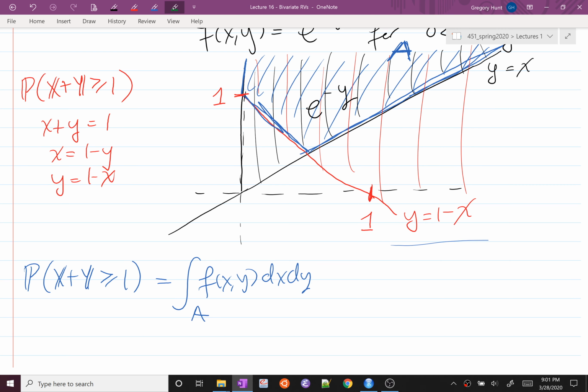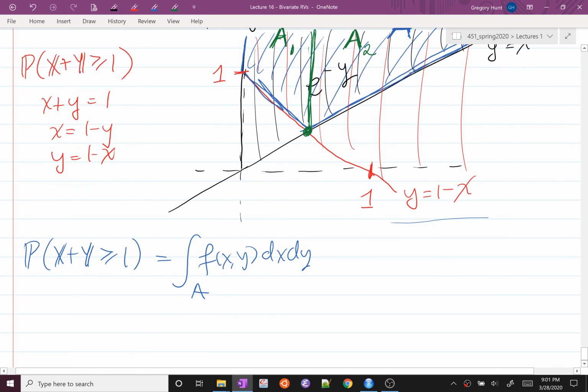My suggestion is we're going to break this into two different problems. We're going to break it into an A1, which is this region, and an A2, which is that region. So this would be A2.